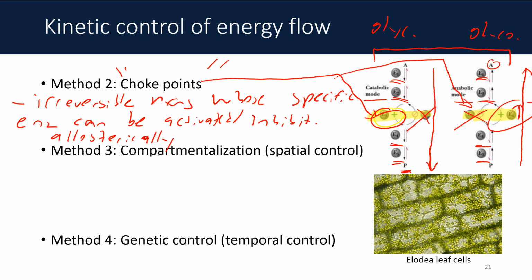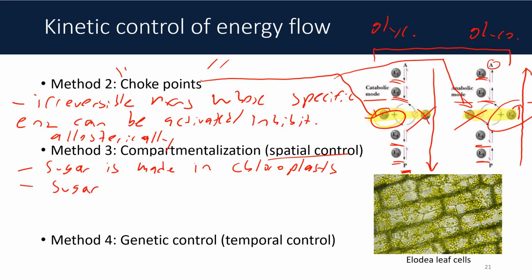The third method is called compartmentalization, aka spatial control. Anabolism and catabolism may happen at the same time, but not in the same place. For example, in plants, sugar is made where? In the chloroplasts. Where is sugar burned?